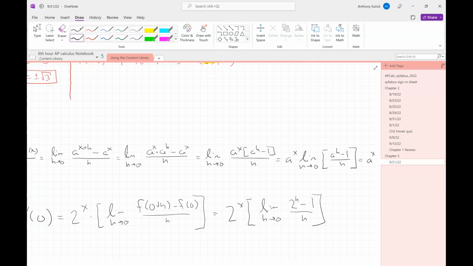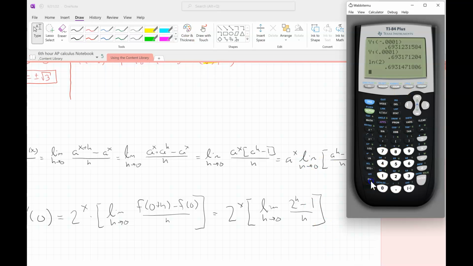Usually just other limit laws you could try. Yeah, why don't we use a graph or a table? That seems appropriate here, right? I'm going to do it with a table because it just feels easier to me. So I'm going to go ahead and type in the thing I'm trying to take the limit of right here. Type that into the y equals.